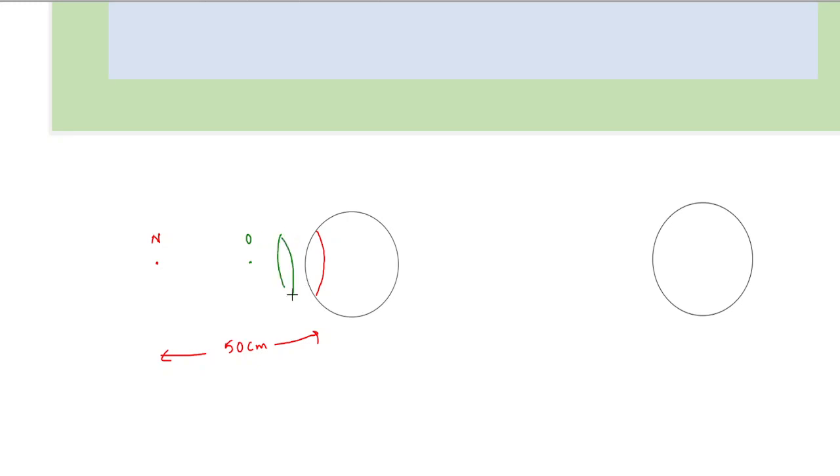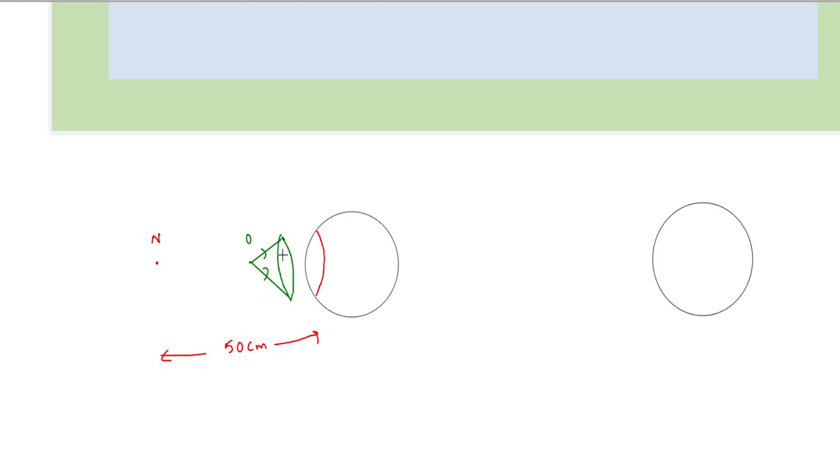But keep in mind that this convex lens will not form the image of the object on the retina directly. Rather, this convex lens forms the image of the object at the point n, because from the point n the eye can see clearly. So keep in mind that any optical instrument will not form the image directly on the retina.